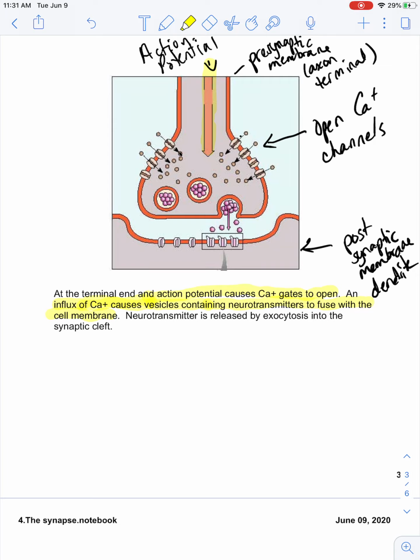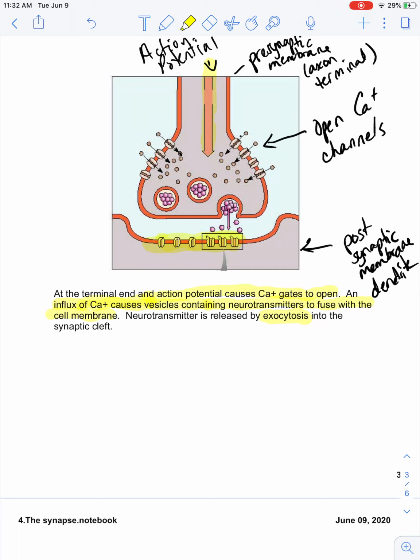And when those vesicles get to the cell membrane, and hopefully you remember how this all works with the lipid bilayer surrounding or making up the vesicle and the lipid bilayer in the membrane, those two things will fuse together and we will get that process called exocytosis. So the neurotransmitter will be released into the synaptic cleft and it is going to bind to these channels below.